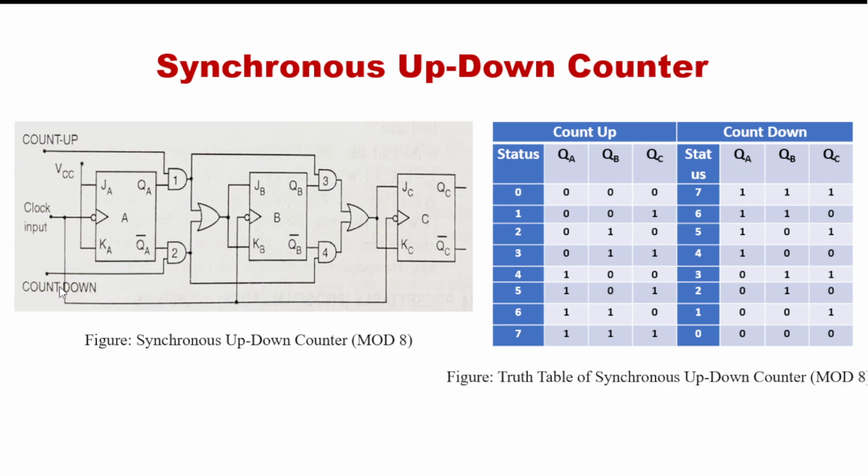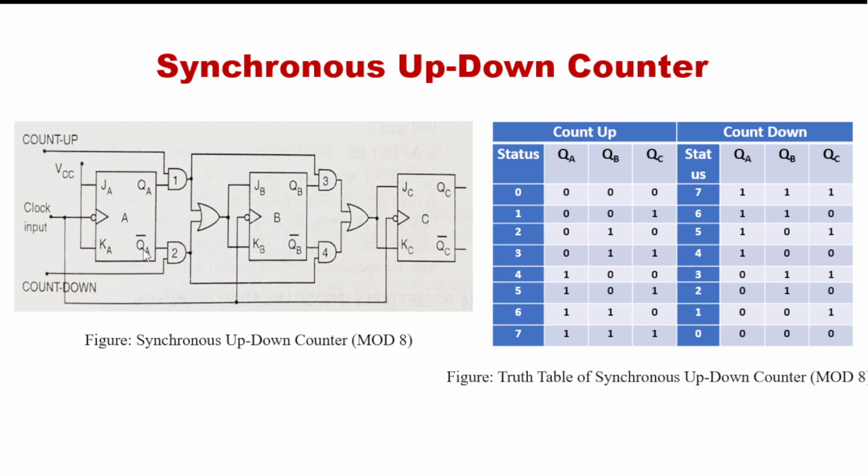In the case of count down, this line is 1. As in AND gate 2 one input is 1, the AND gate output depends on the other input.